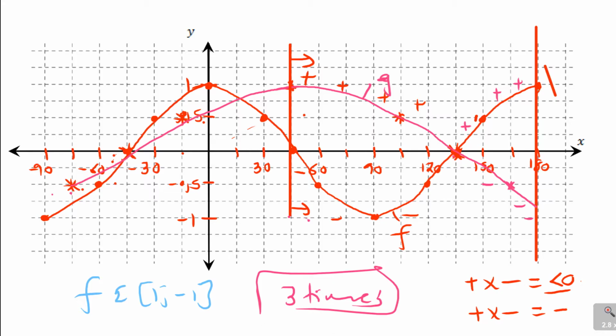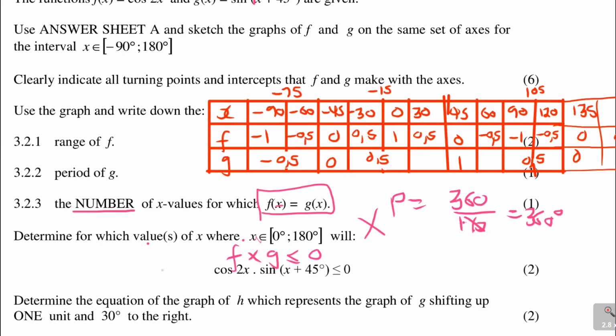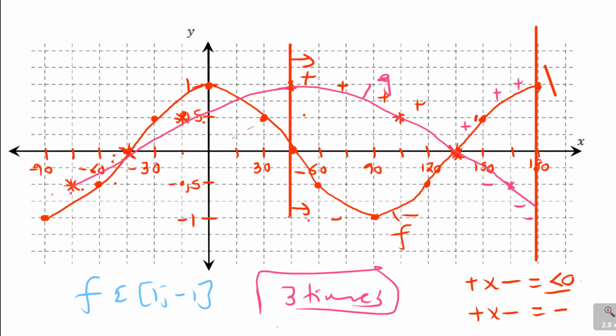So let me look at the question here. It says determine for which values of x, where x is an element of 0 to this, will that and that be less than 0. So here, what are the values of x? We are starting from 45, because this is 45, up to 180.